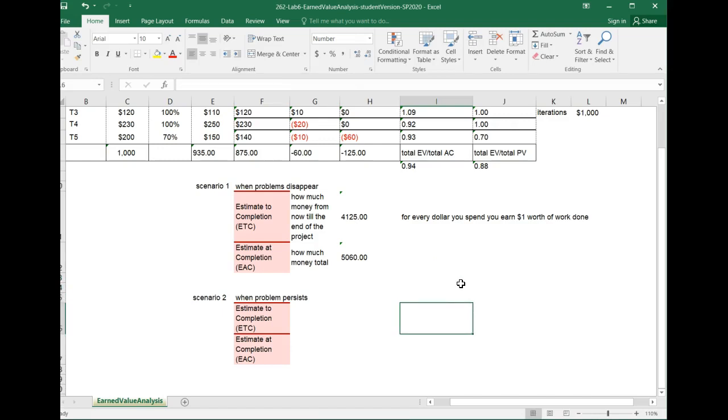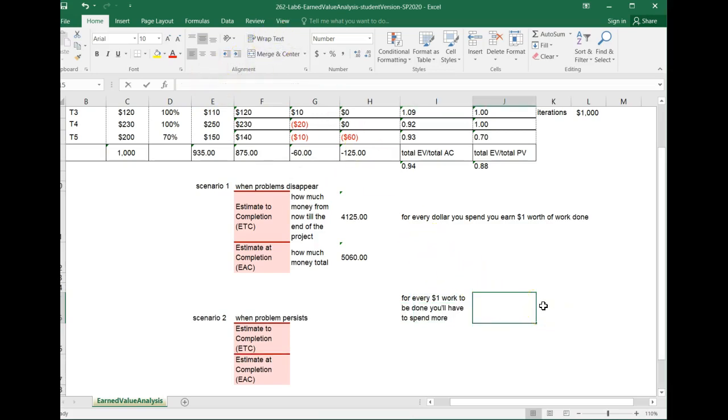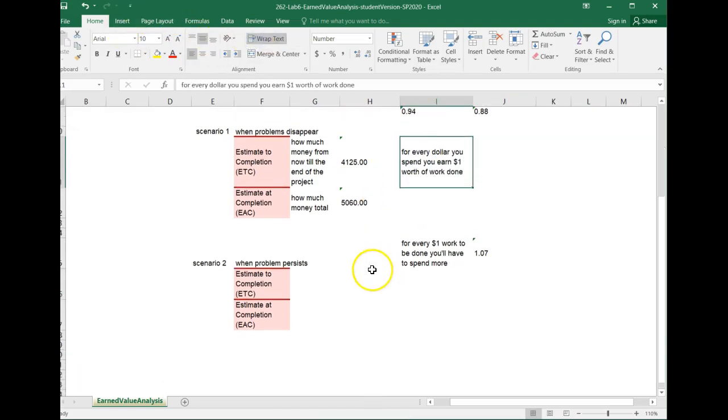So for every dollar worth of work to be done, you'll have to spend more than $1. How much more? That's going to be 1 divided by your overall CPI. So for every dollar worth of work, you would actually need to spend $1.07.